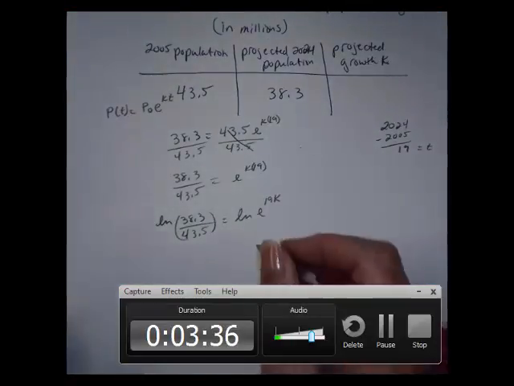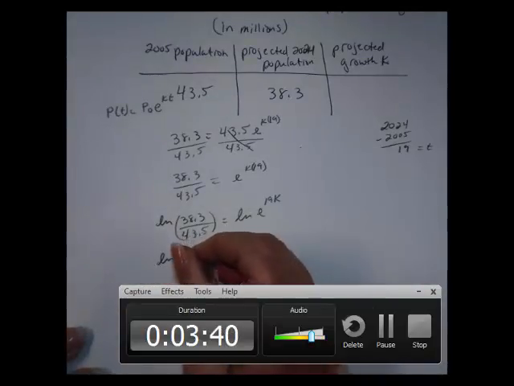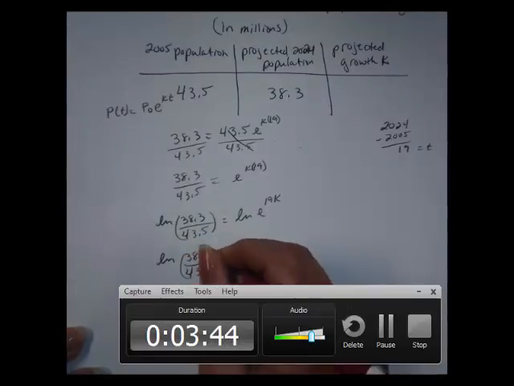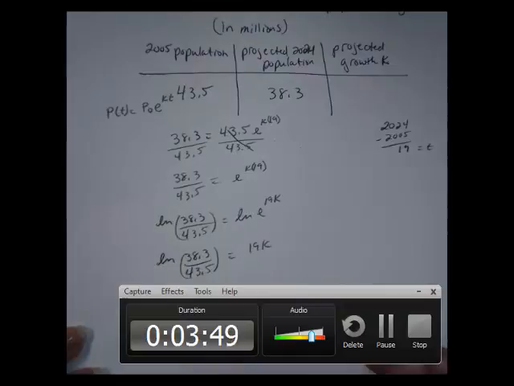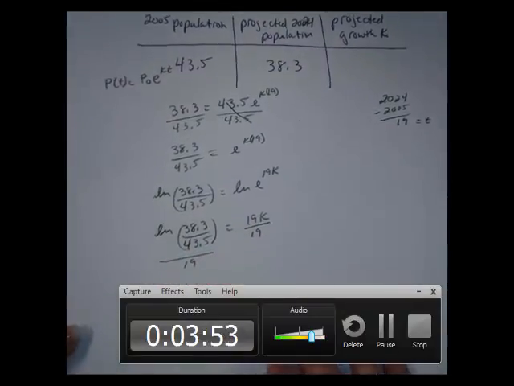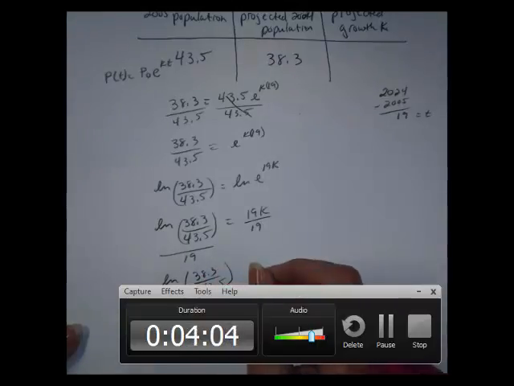Now that'll undo the e, so that'll leave us with ln of 38.3 divided by 43.5 is equal to 19k. Well, to solve for k, we are just going to divide both sides by 19. So we've got ln of 38.3 divided by 43.5, divided by 19, will equal our k.